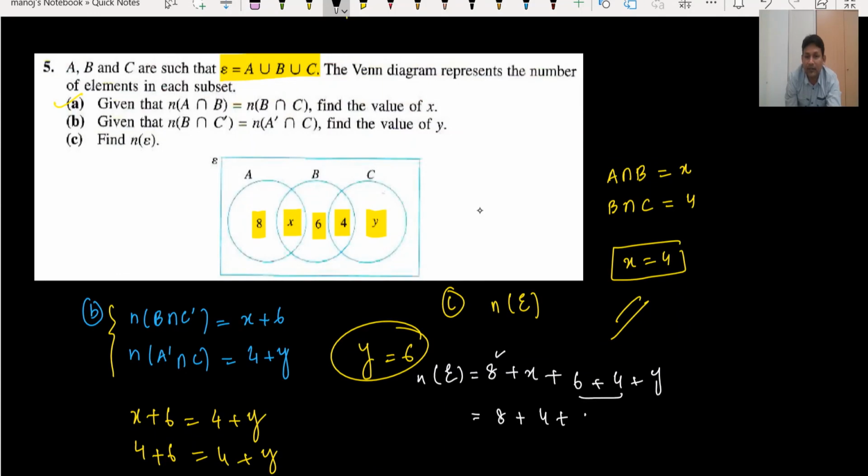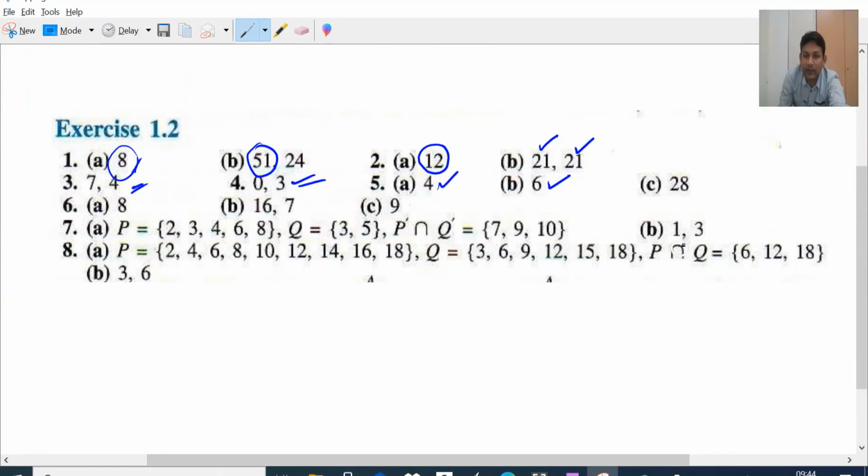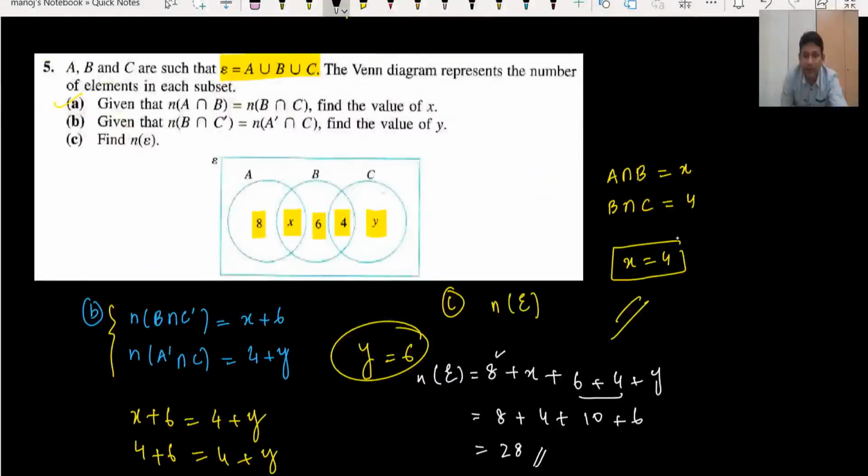This is coming 10 and y is 6. So this is 10, 10 and this is 28, and we have done the number of elements in the universal set. This is coming 28. Yes, it is right. So by this way, we have done question number 1 till question number 8.